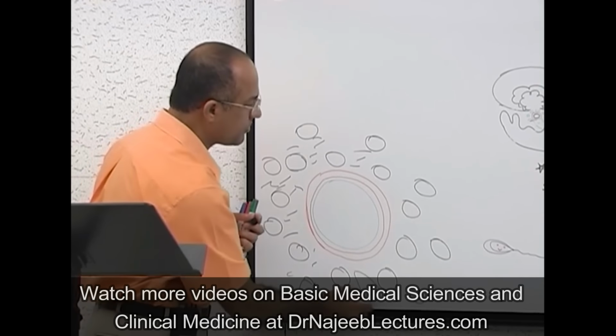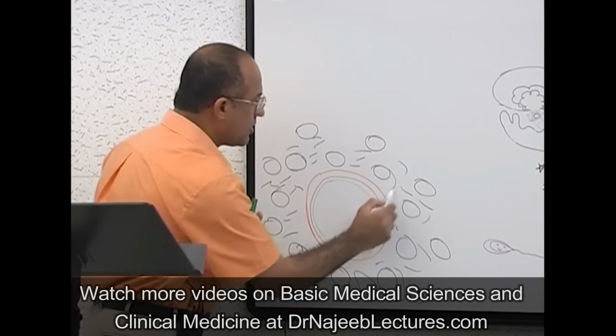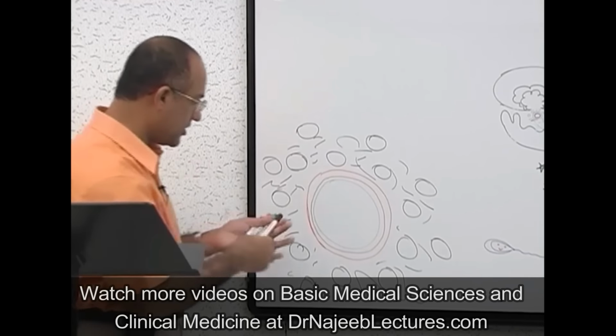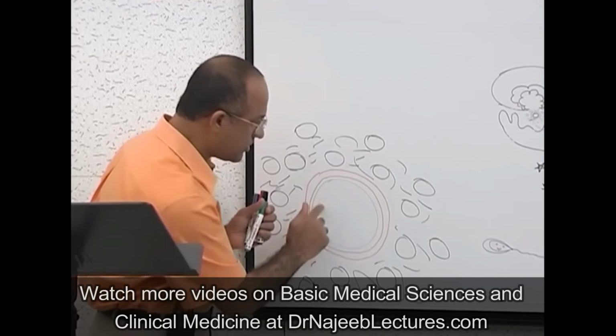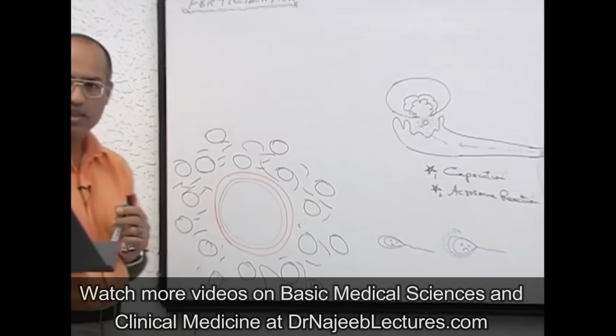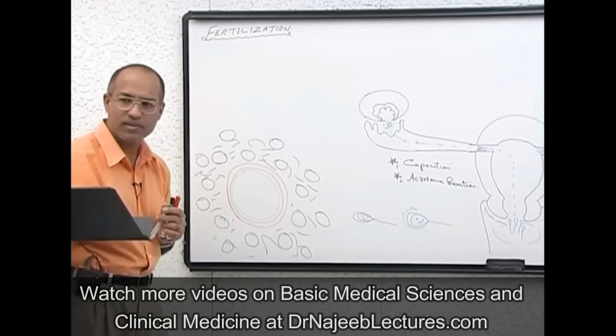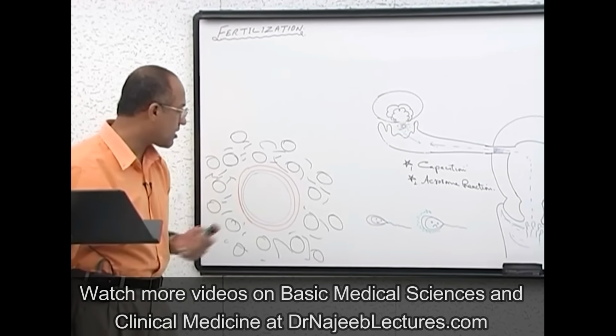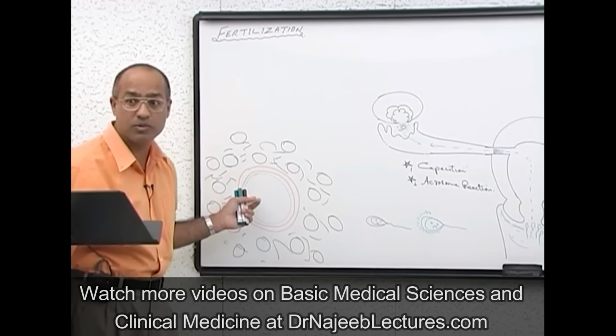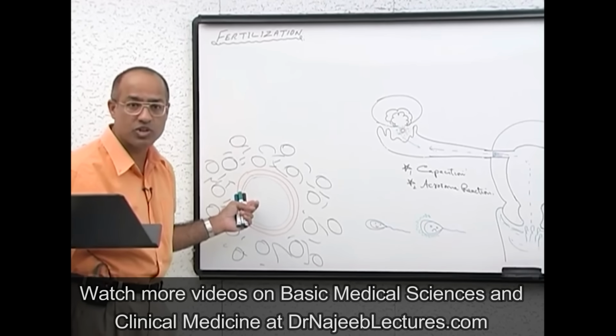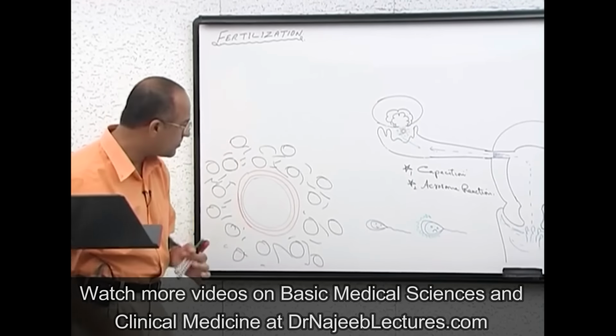So the ovum is here and the sperm is there. Is the sperm bigger or the ovum bigger? The ovum is bigger. It has a lot of cytoplasm in which it has even a lot of nutritional substances.